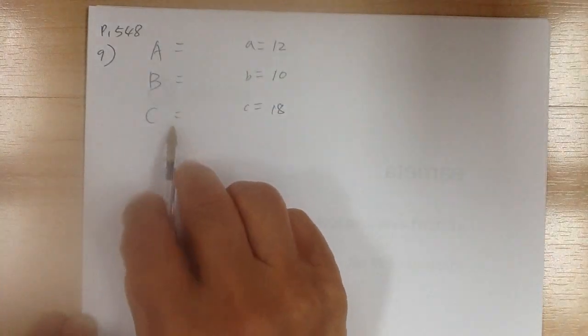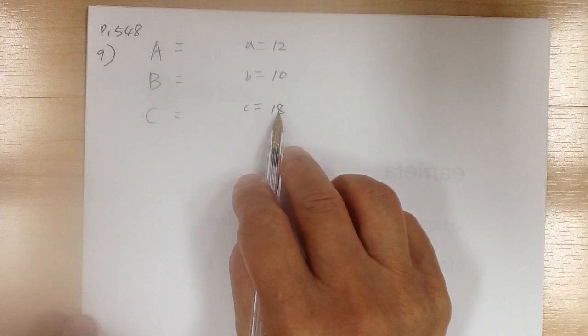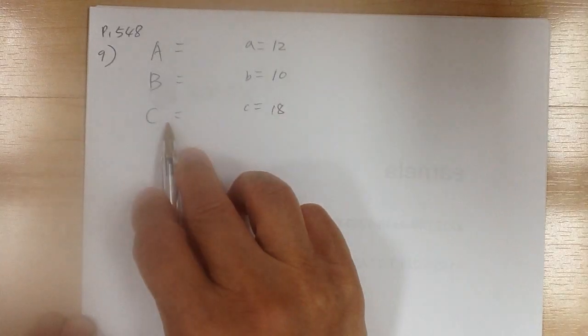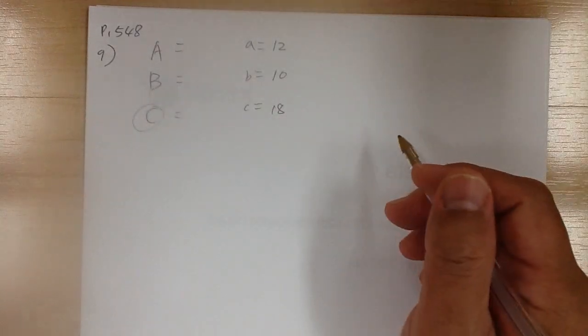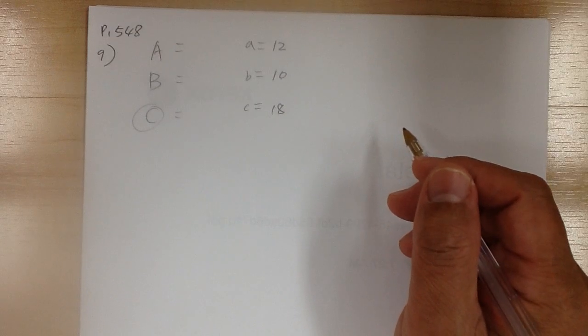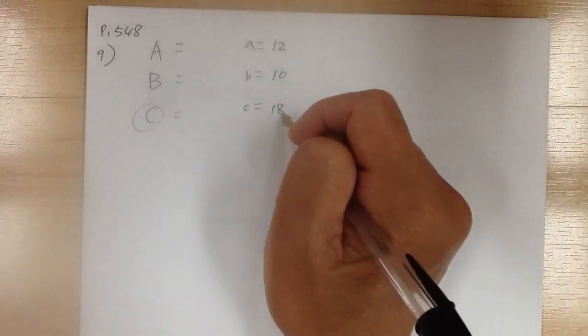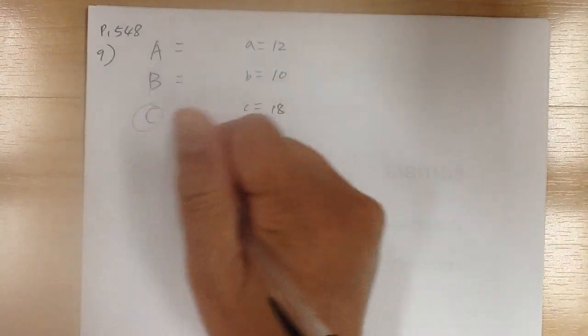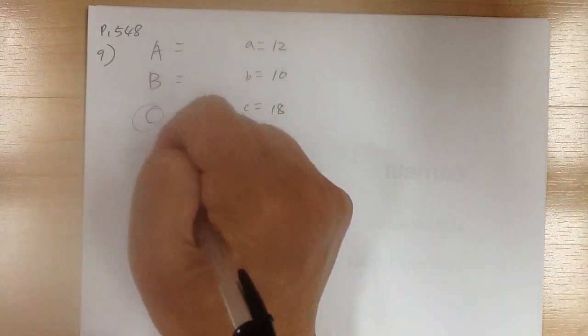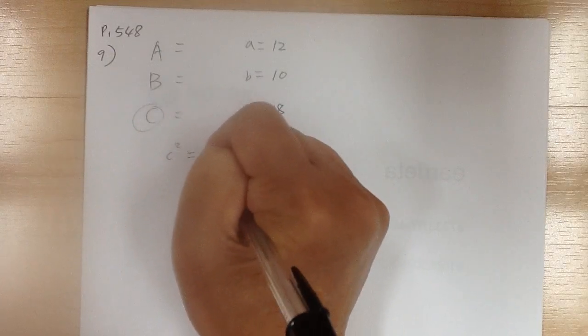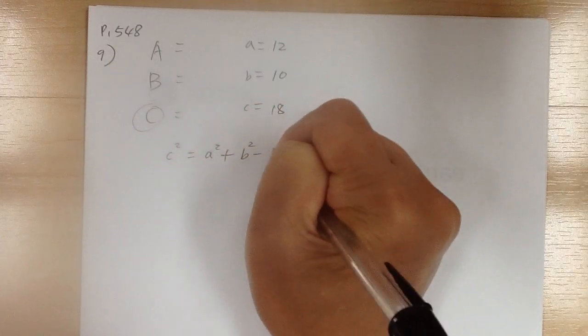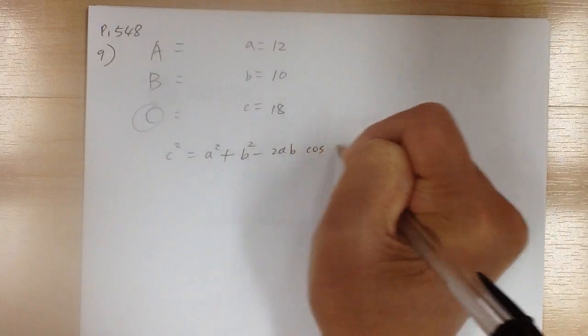The largest angle is going to face the longest side, and the smallest angle will face the shortest side. So you're looking for angle C, and you have to use the C formula. C squared equals A squared plus B squared minus 2AB cosine of C.